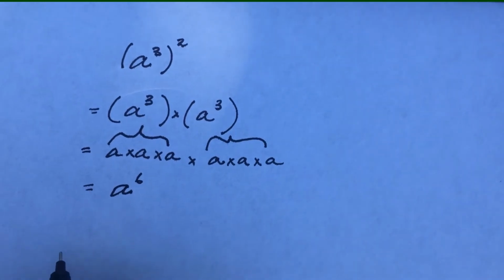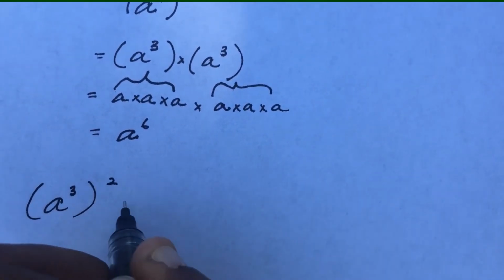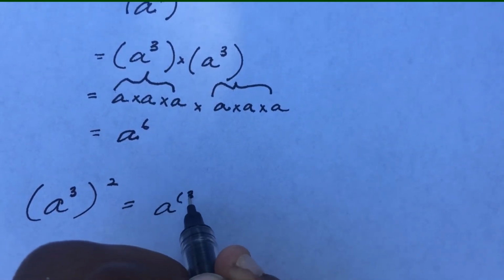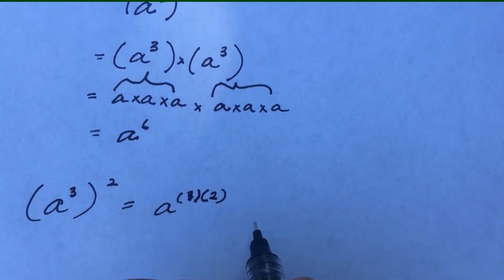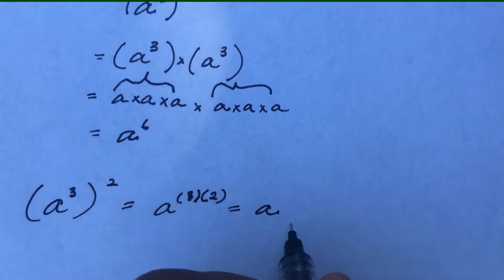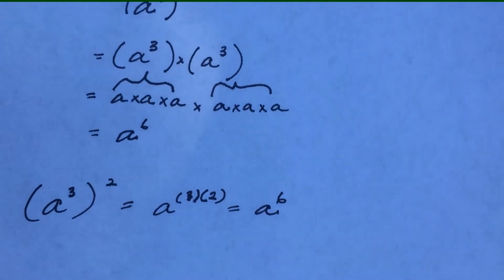So we can say a to the third squared is equal to a to the 3 times 2, like so, right? And bases are the same, we keep the base, and 3 times 2 will give us that 6.